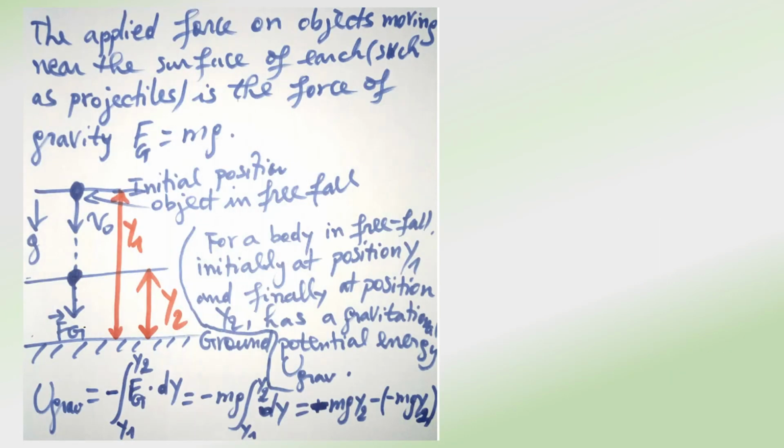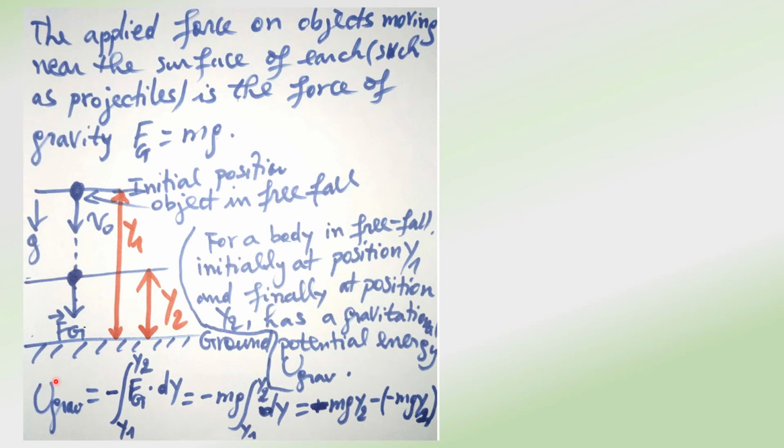And then here we may prove this formula. If we consider a body which is initially at a height y1 from ground level, and if this body is allowed to fall from this height y1 and reaches another level above the ground, let us say the height y2, then we may calculate its gravitational potential energy at the new position.